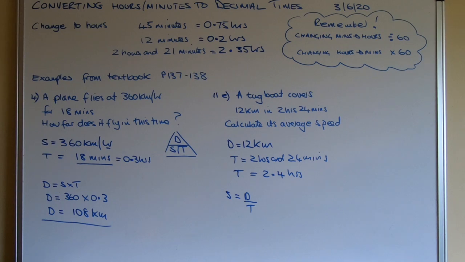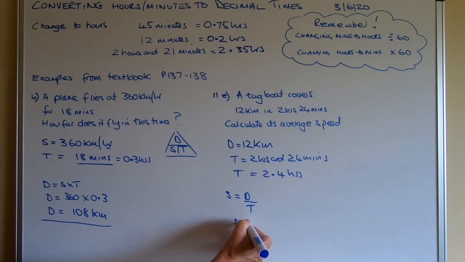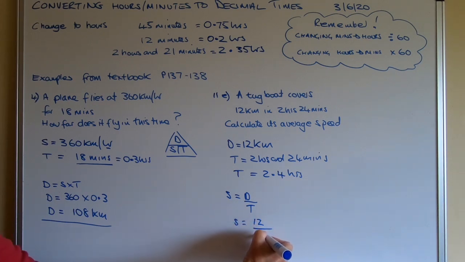Then we've got distance 12 kilometres, time 2.4 hours. Now our speed would be in kilometres per hour. Let's put that into our formula. Remember, 3 lines of working. Second line of working, distance divided by time. So 12 divided by 2.4.